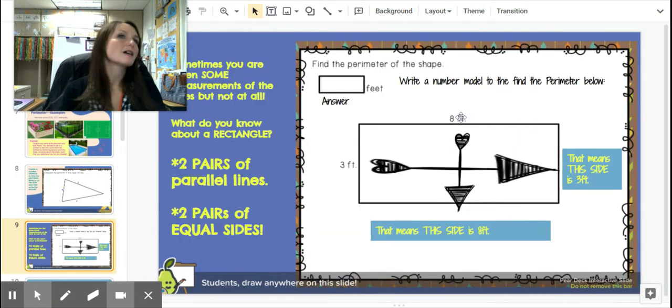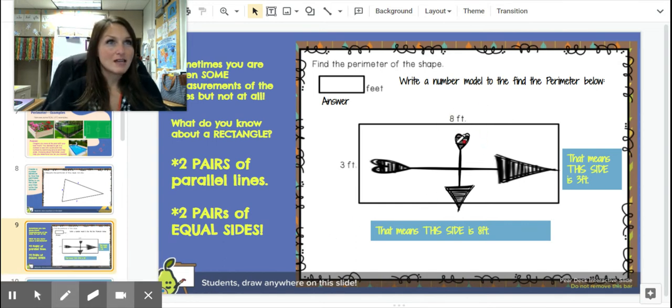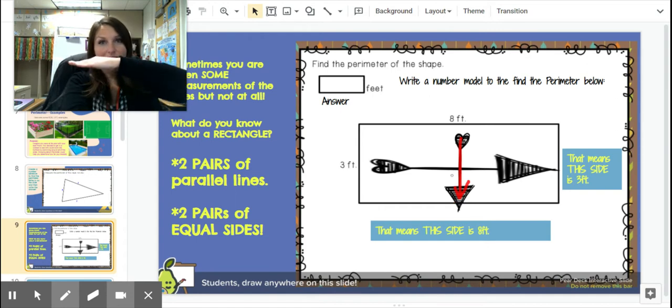What if it only tells us 2 of the lengths, the length and the width? This one is measured in feet. Rectangles, we learned, have a special quality: if this side is 8, it's showing me that this side is also going to be 8, because they are parallel to each other and they have the same length sides.